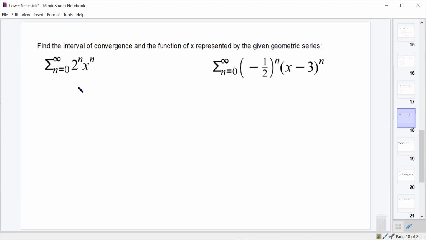So for the first one, we should be able to rewrite this as a sum from n equals 0 to infinity of 2x to the power of n, which tells us that the common ratio is 2x. And so this should be equal to 1 over 1 minus that common ratio, 1 over 1 minus 2x.